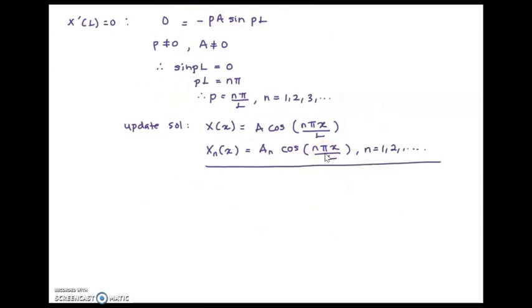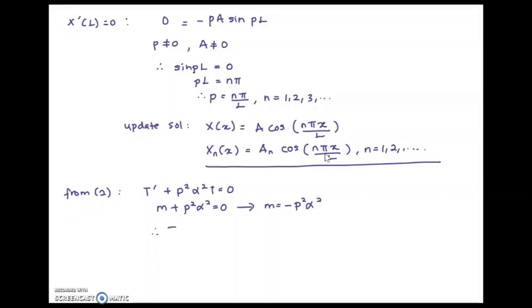So that is our current solution. Since we have the solution for the x, meaning that we need to proceed with equation 2, the equation for the t. When lambda equals negative p square, then we have t prime plus p square alpha square t equal to 0. Again, homogeneous equation, first order only. So we have m plus p square alpha square equal to 0. So basically m equals negative p square alpha square.